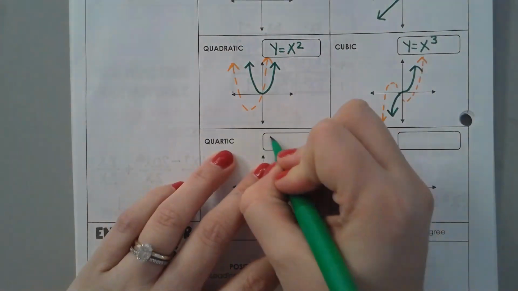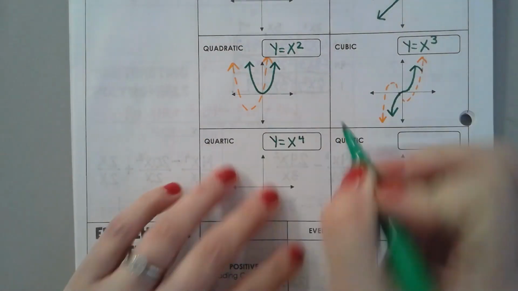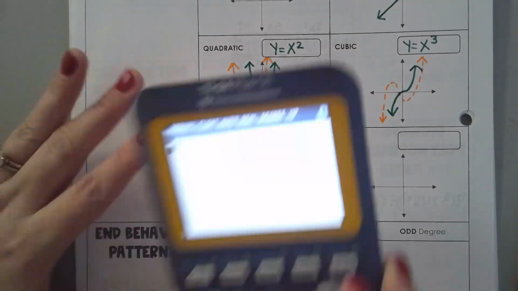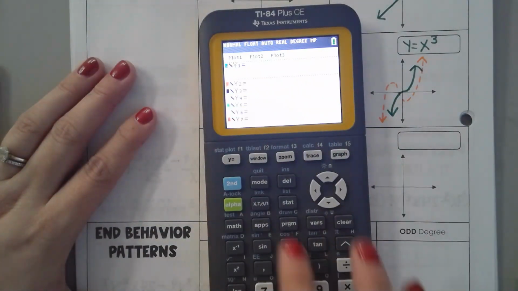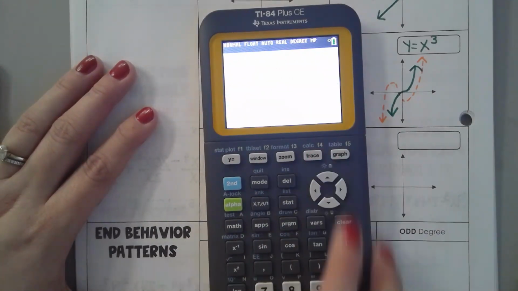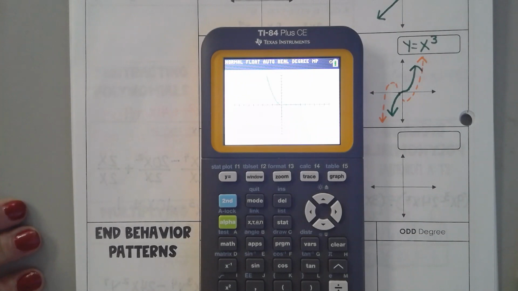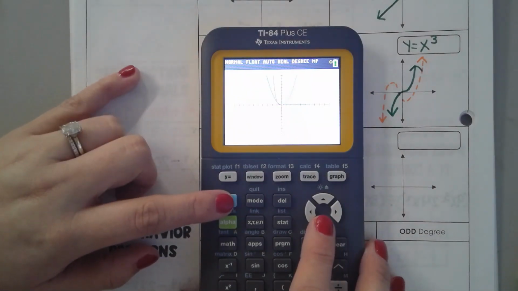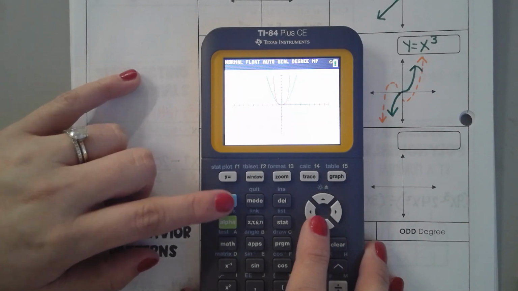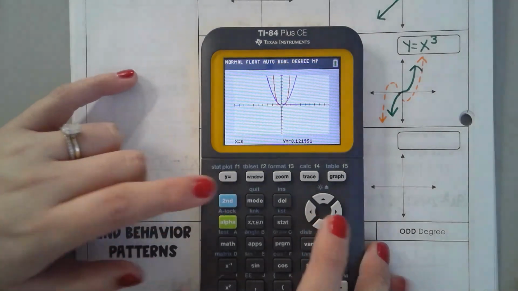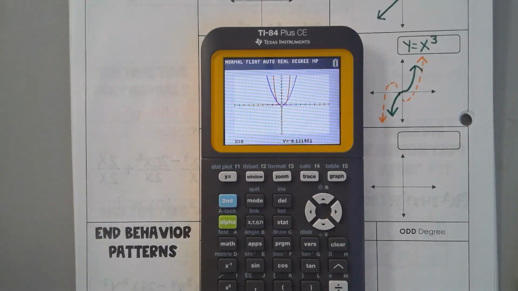Quartic is y equals x to the 4th. Now if I actually look at these, x squared and x to the 4th, if I actually look at those graphs, they actually look about the same.